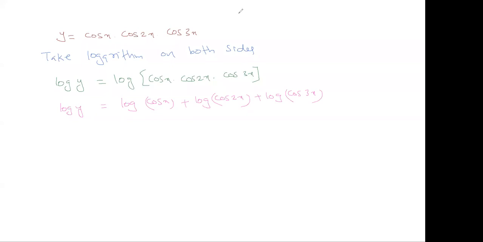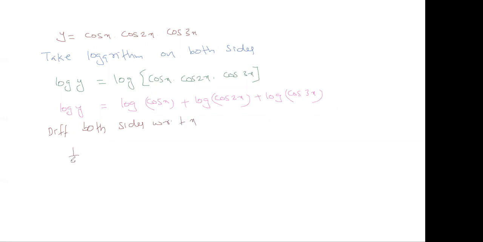And now the derivative of a sum is the sum of the derivatives. And also the derivative of logarithm of x is very easy, it is 1 by x. So it is very easy to find. So now differentiate both sides with respect to x.